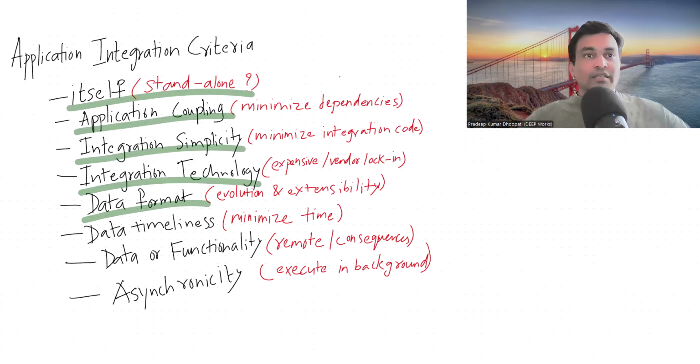The next criterion is data timeliness. Applications often tend to share data among other applications in an integrated solution. So we have to consider the length of time between one application and another when the data is shared.